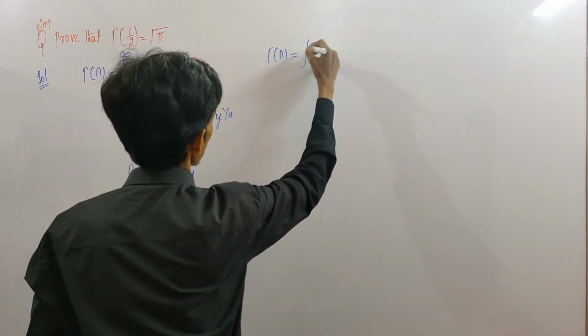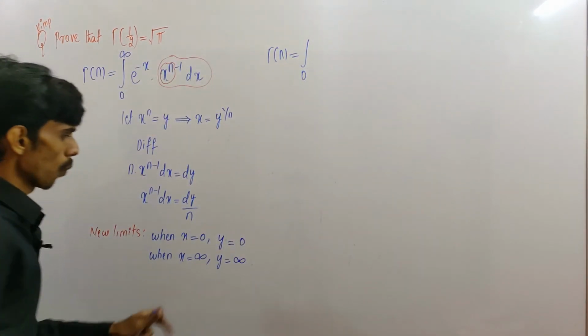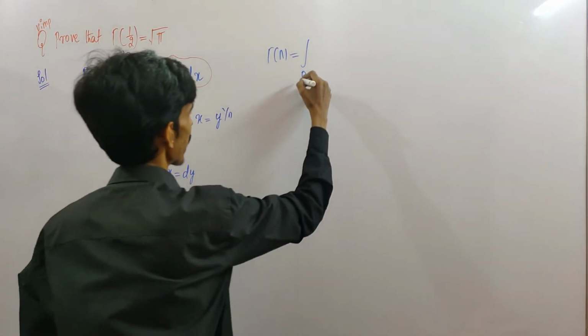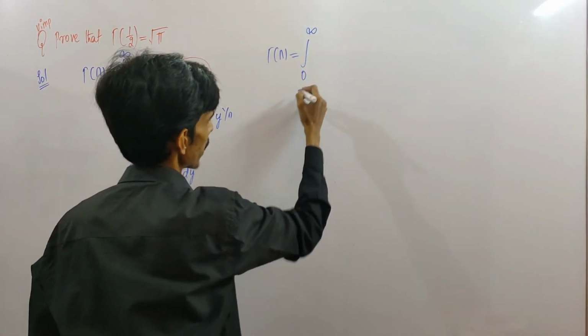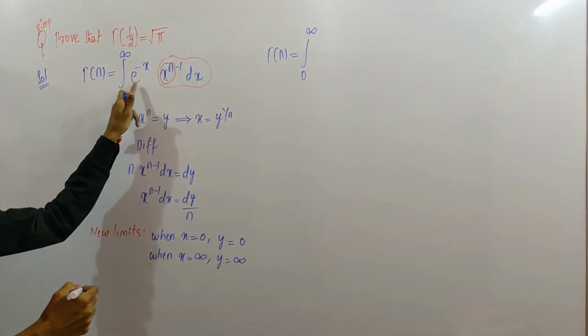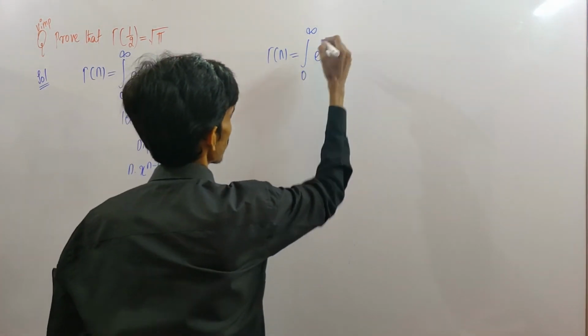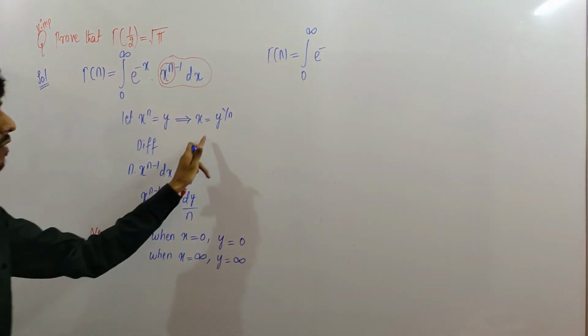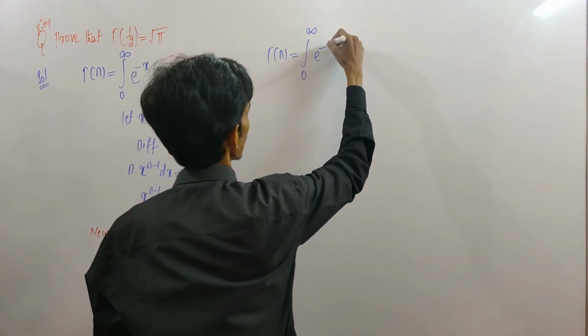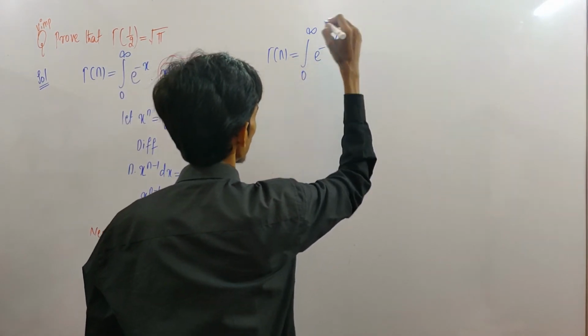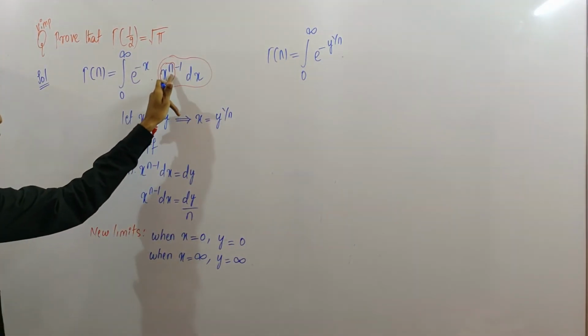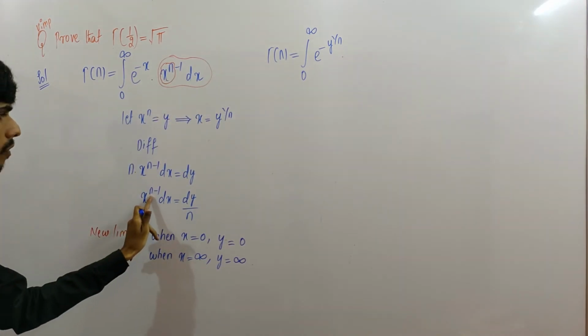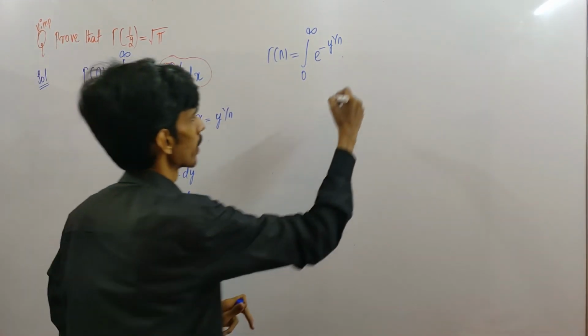gamma of n is equal to the integration y equal to 0 to infinity. This limit is for y. Here we have e power of minus x, where x value is y power of 1 by n, into x power of n minus 1 dx value, which is dy by n.